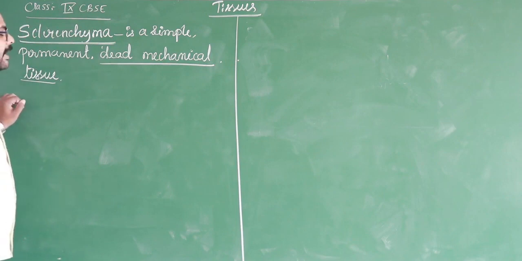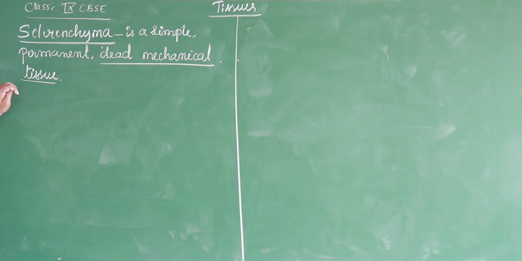Why is it called dead mechanical tissue? Here there is no cytoplasm or protoplasm in the cell. A cell which does not contain any protoplasm is considered dead. As sclerenchyma does not contain any protoplasm, they are dead cells.